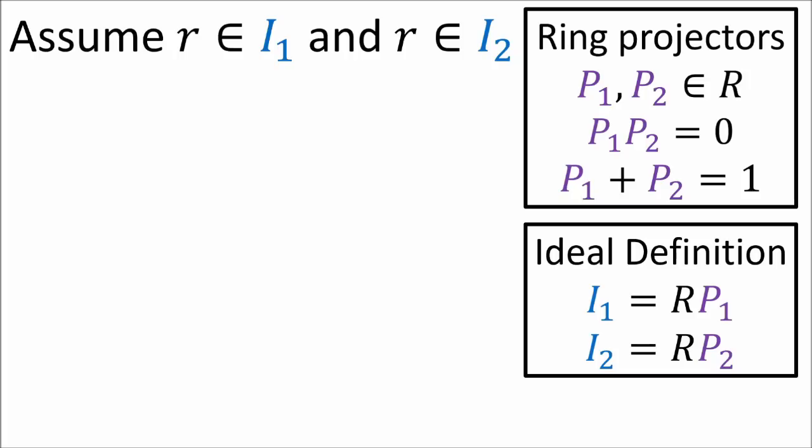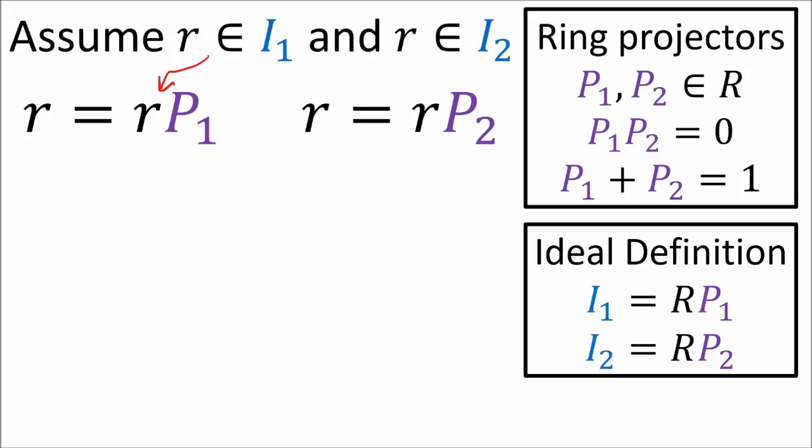Now, let's assume a ring member small r belongs to two orthogonal ideals, I1 and I2. So projecting r using P1 doesn't change its value, and projecting small r using P2 also doesn't change its value. So small r P1 equals small r P2.